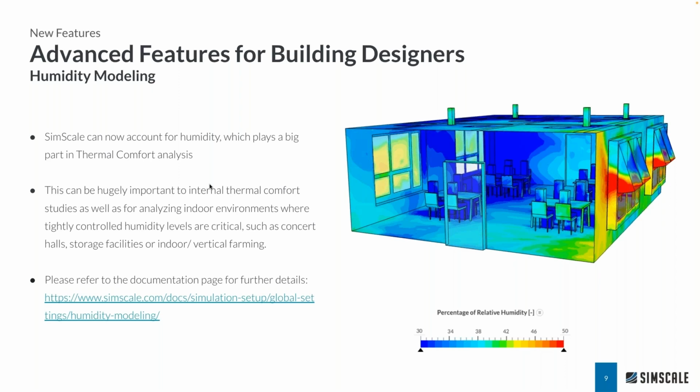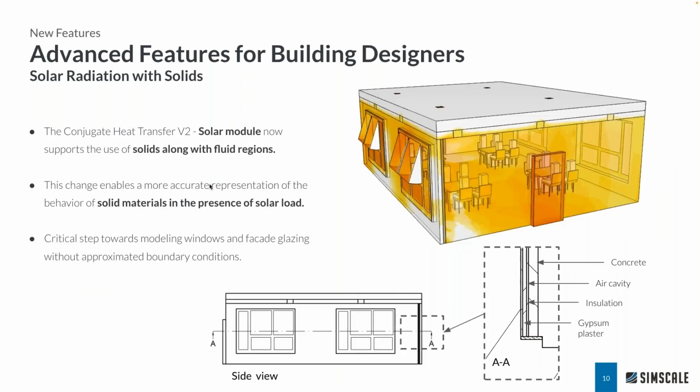The next interesting feature is this. Those who are familiar with Simscale know that we can model solar loading by giving a date and place and the direction of the sun. Then you can see how the solar load is affecting the thermal comfort within a given space. Now you should be able to model these solar loads with solid regions in your CAD geometry.